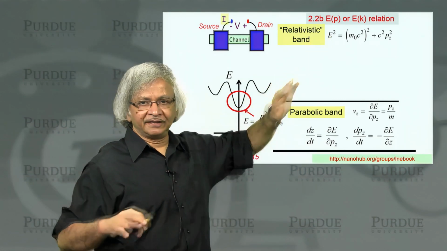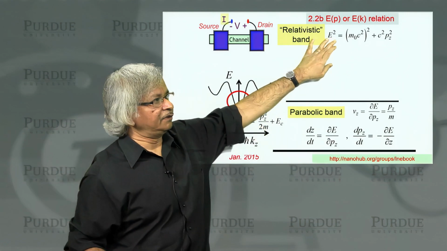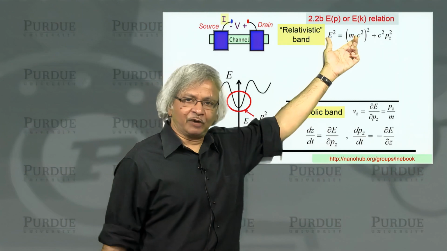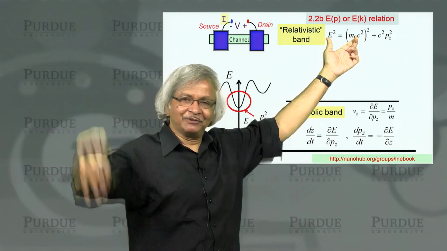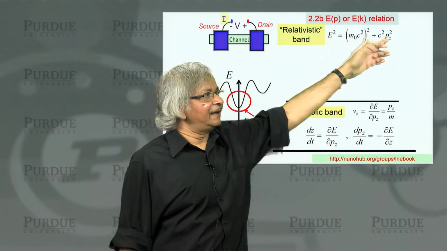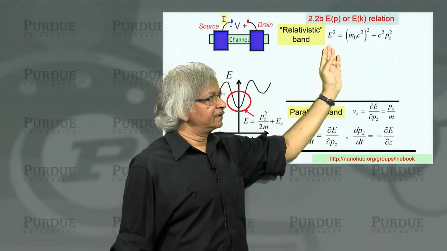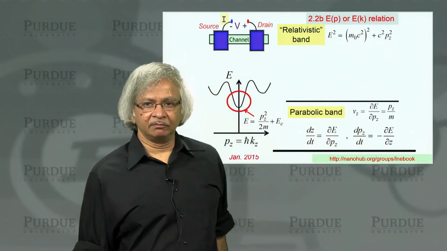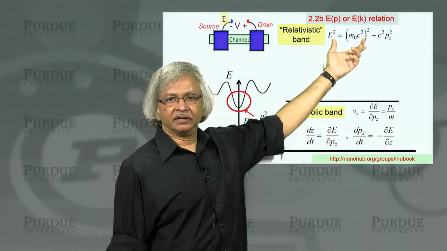This is what you call the relativistic energy momentum relation, where zero momentum means E equals mc squared. That's the most famous equation in physics. And then as you increase the momentum, it goes up. So this would be the general relativistic energy momentum relation.